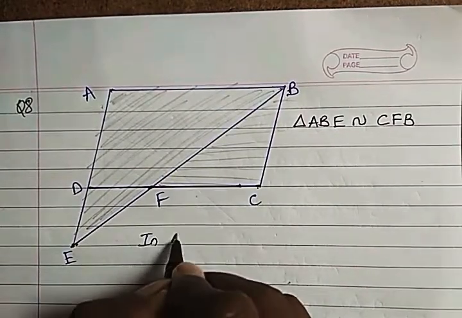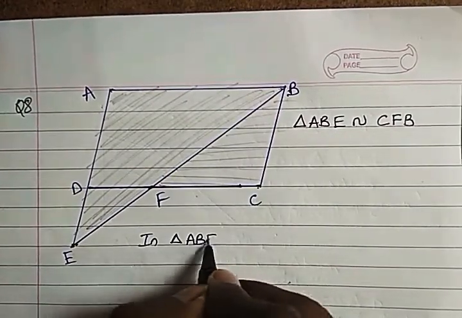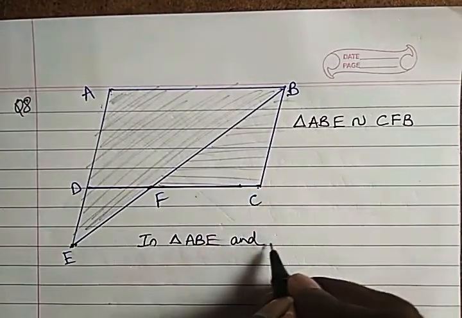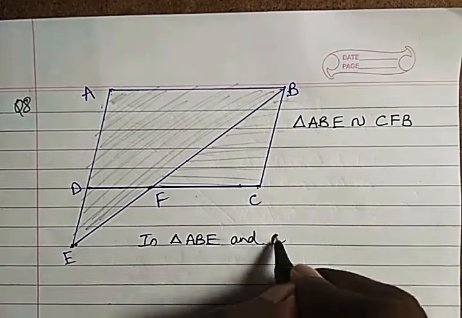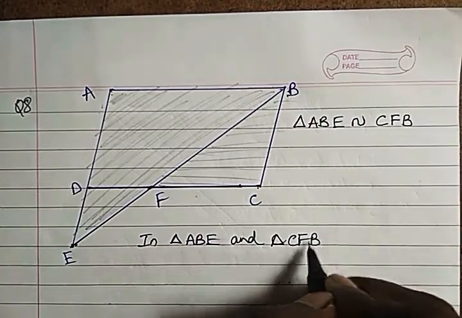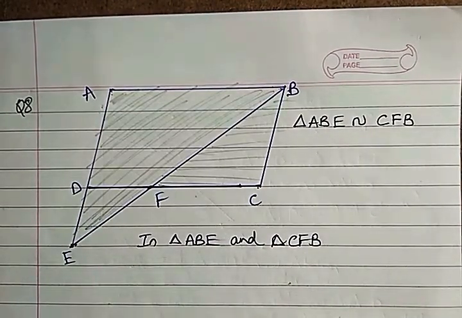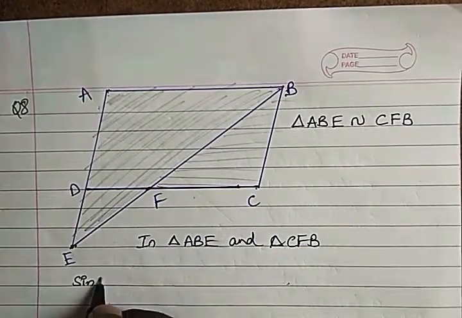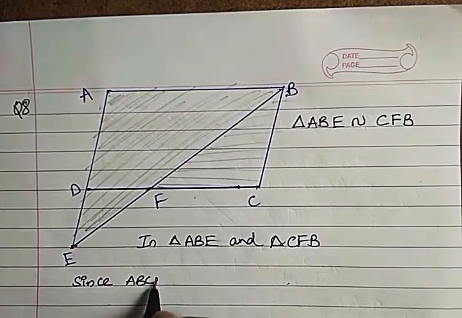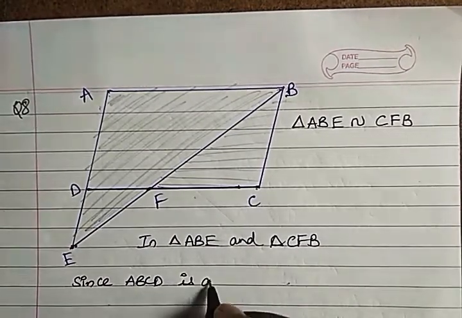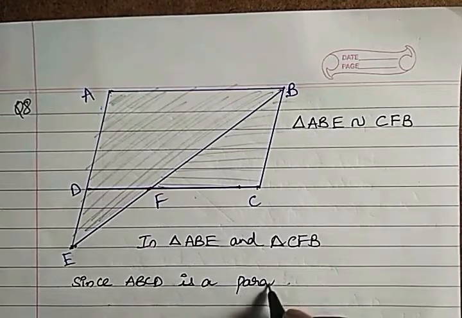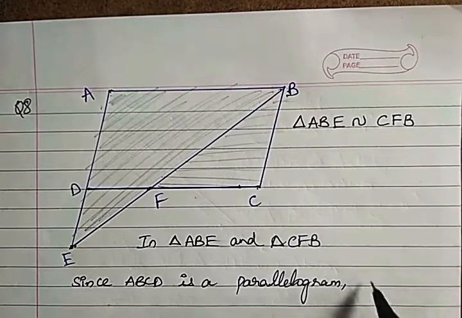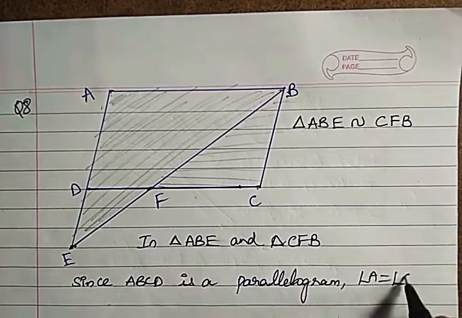In triangle ABE and triangle CFB, in both the triangles, what are the similarities we have? Since ABCD is a parallelogram, angle A is equal to angle C. Why?